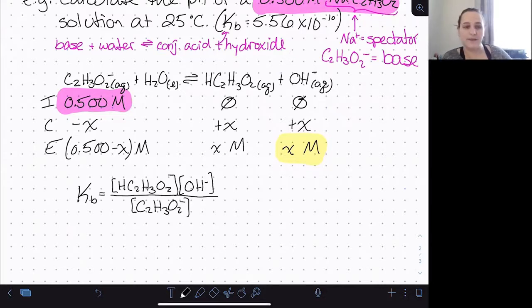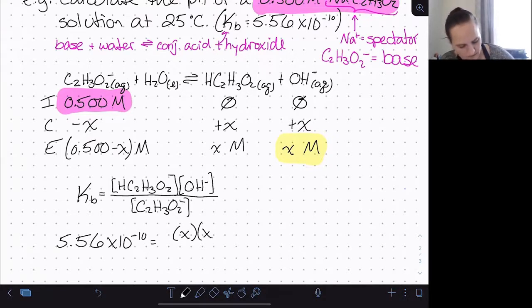Since water is a liquid, that gets left out. Our Kb value was given in the problem as 5.56 times 10 to the negative 10th. And we can plug in everything from our ice table. Our acetic acid concentration was X, our hydroxide concentration was X, and our acetate concentration was 0.5 minus X.